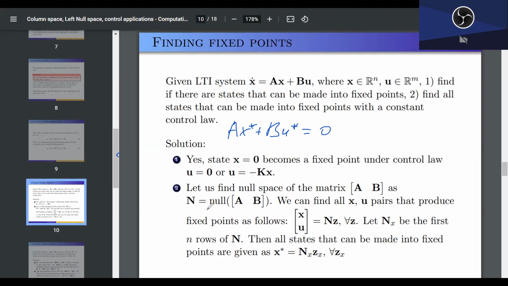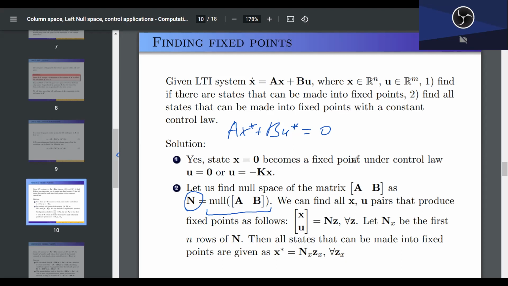We consider the null space of this matrix, and we find this orthogonal basis in the null space. And that is the space of all state-control pairs. It spans the space of all state-control pairs that define fixed points and constant control laws that achieve them.